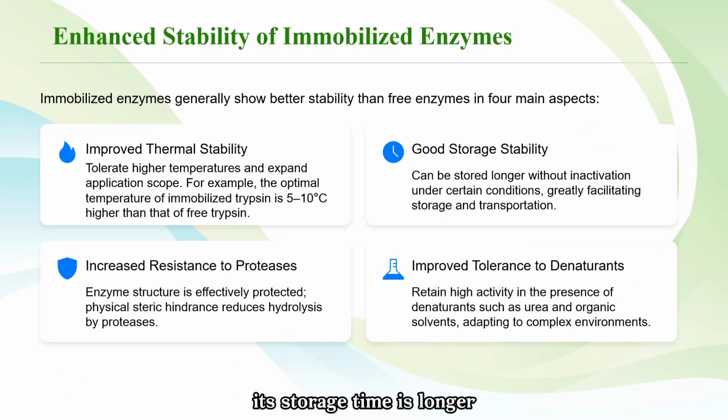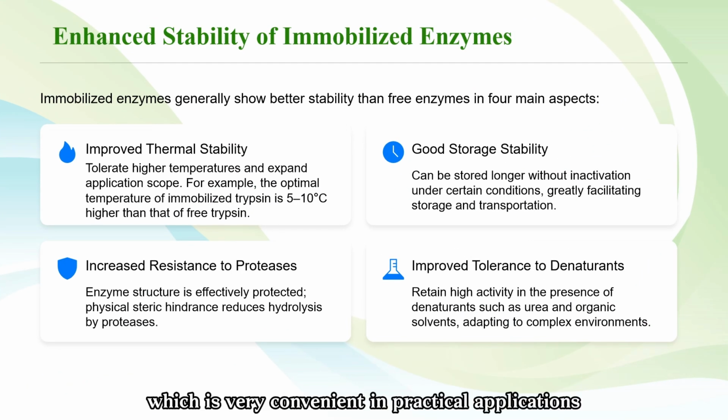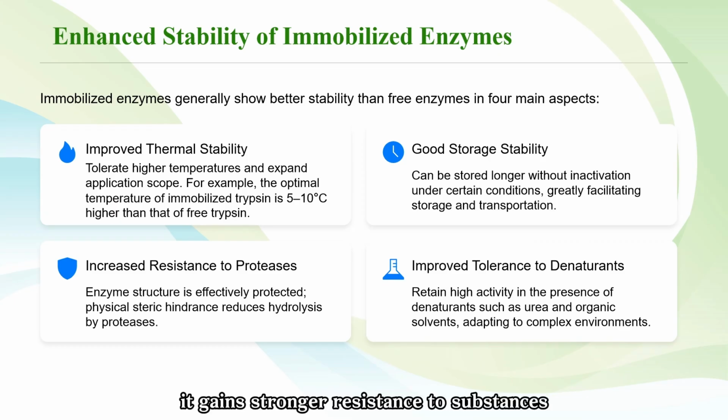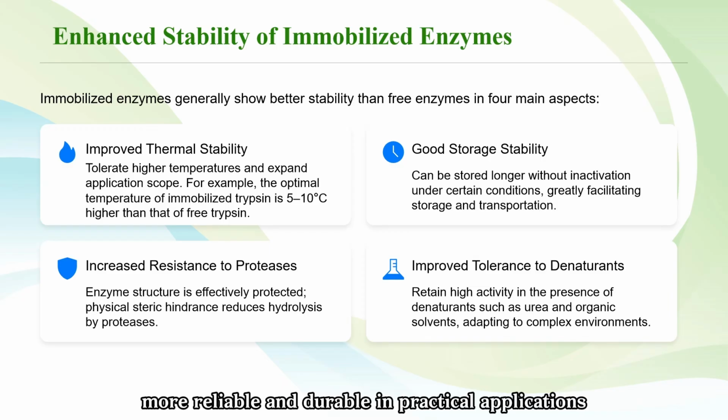Second, its storage time is longer, which is very convenient in practical applications. In addition, it gains stronger resistance to substances that can damage protein structure, such as proteases and organic solvents. These characteristics make immobilized enzymes more reliable and durable in practical applications.